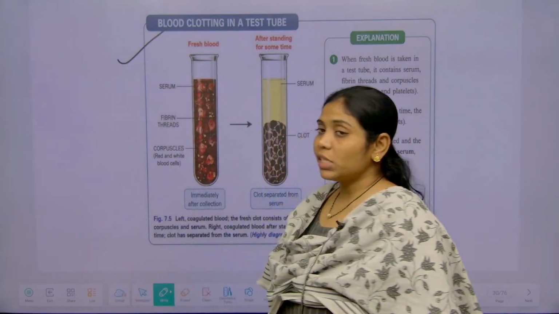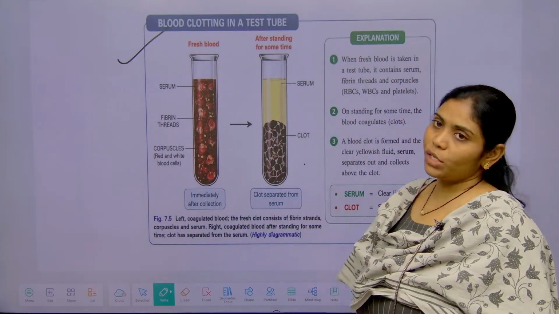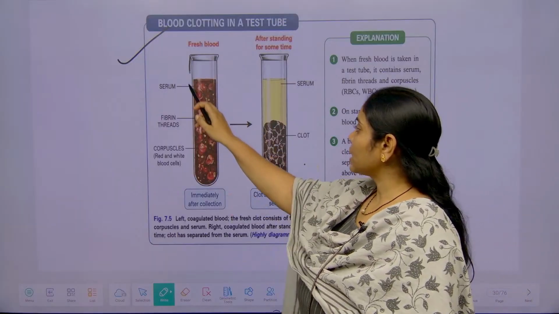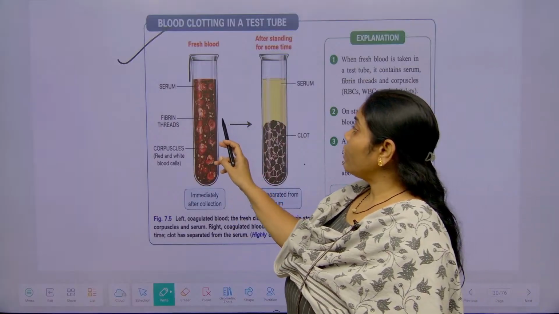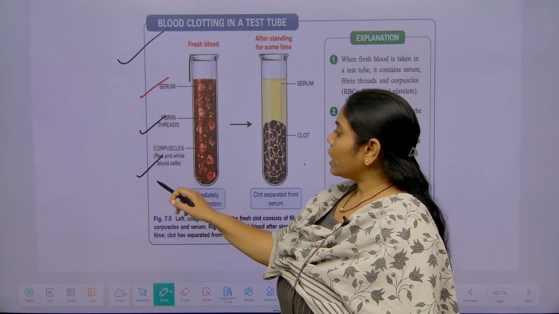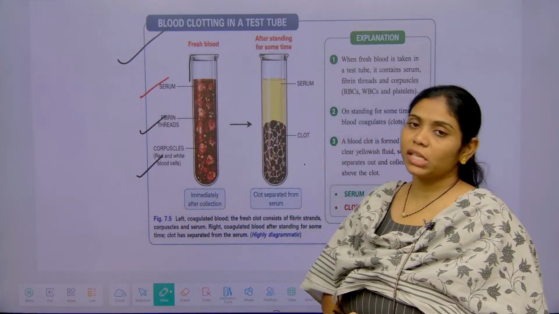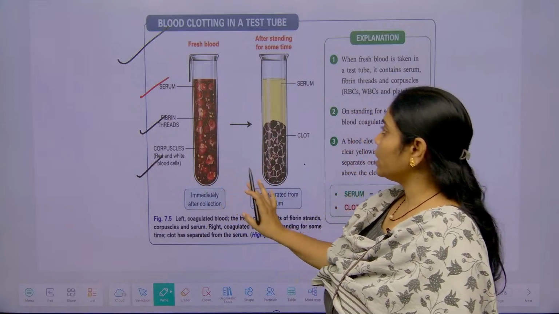Now if we want to see the same process in a test tube, fresh blood is collected in the test tube. In the blood what will be there? Serum, fibrin threads, and the corpuscles, that is WBCs, RBCs, platelets, all are present in fresh blood.